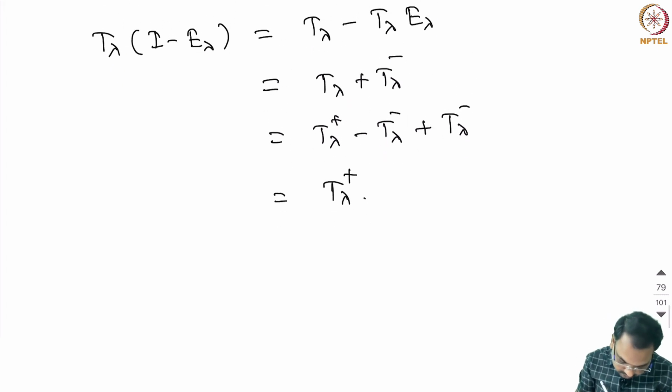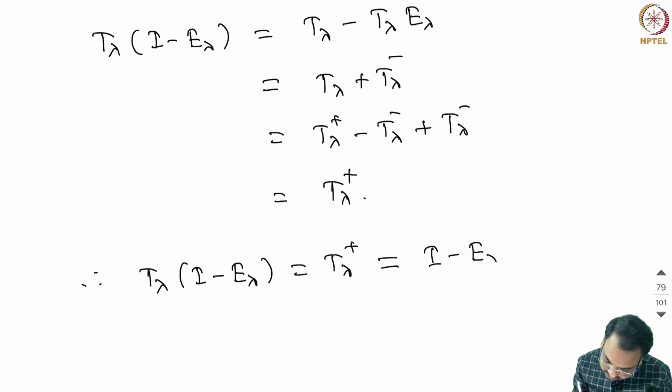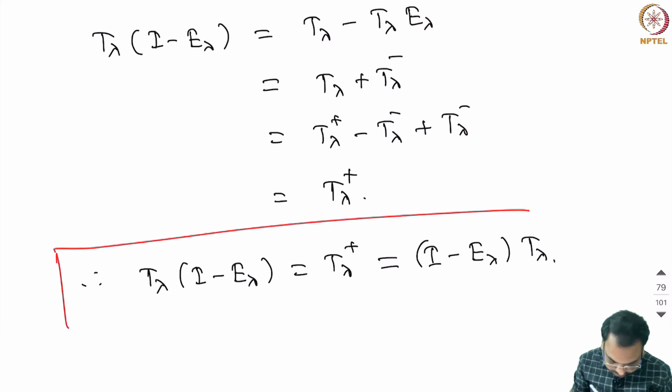So the conclusion is that T_λ into (I minus E_λ) is T_λ^+, and in fact we can show that this is also equal to (I minus E_λ) into T_λ. So this is the conclusion.